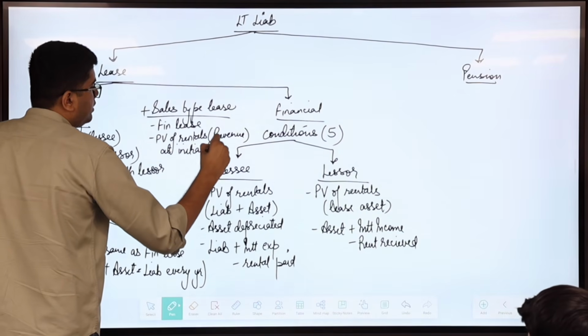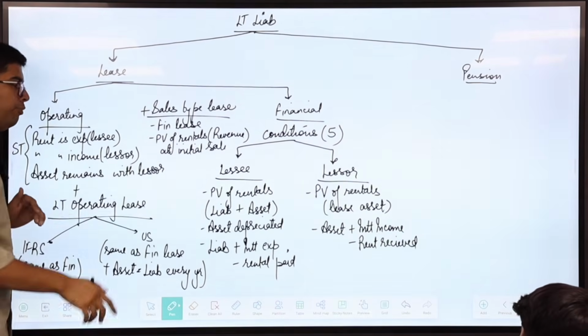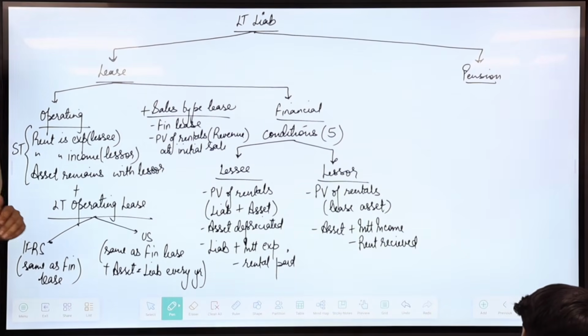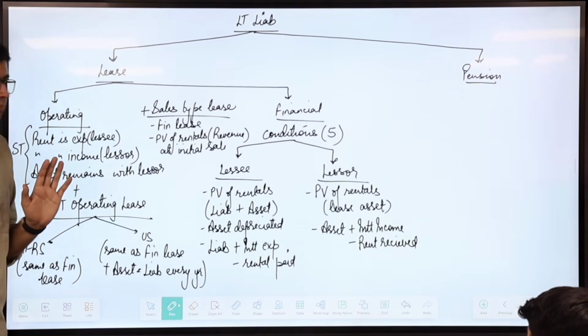So when you actually sell the product, at that point, present value will also be reported in the form of revenue. This is the entire rule set for lease. Now, throughout the lease, you'll notice something. Apart from this treatment of long-term operating lease, there is no real difference between IFRS and US GAAP. The rest of it is pretty much uniform.